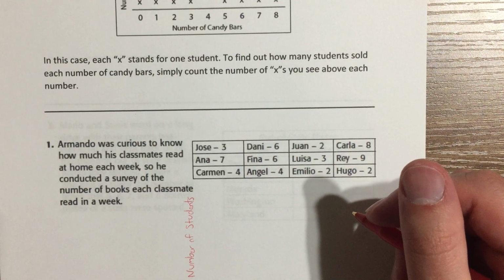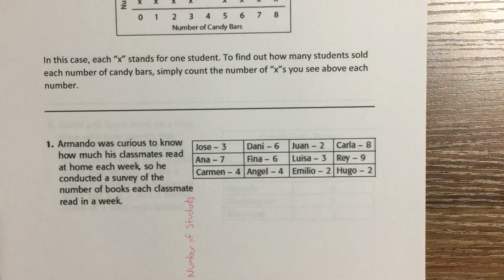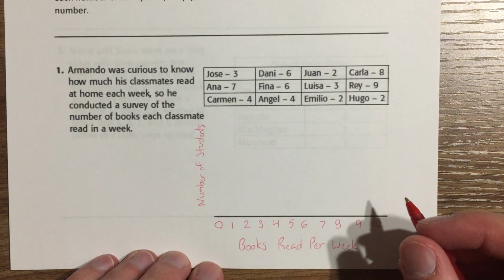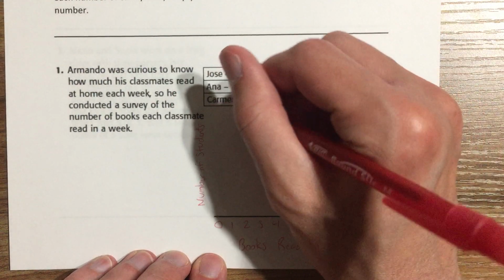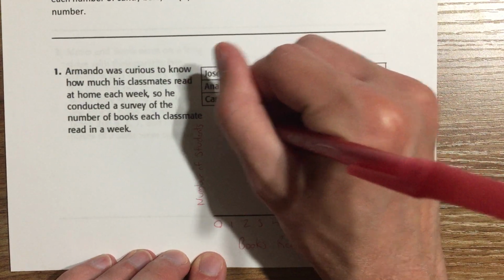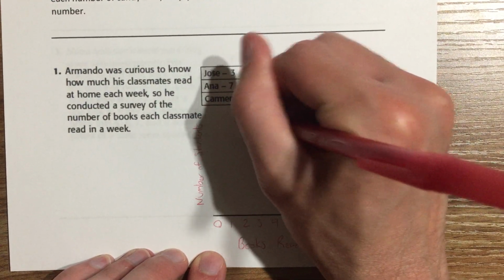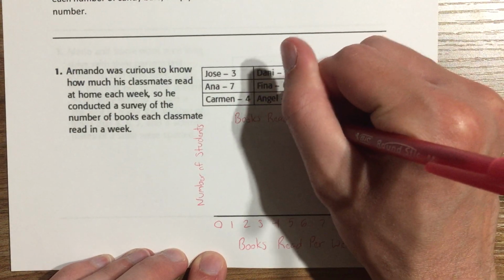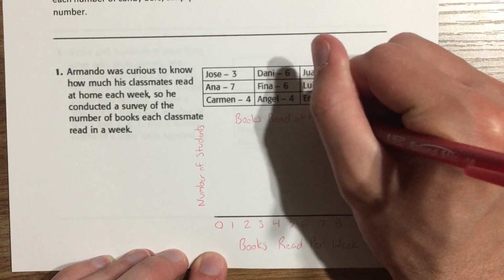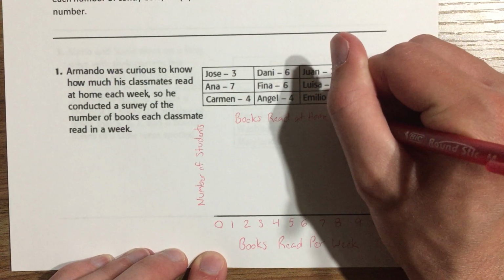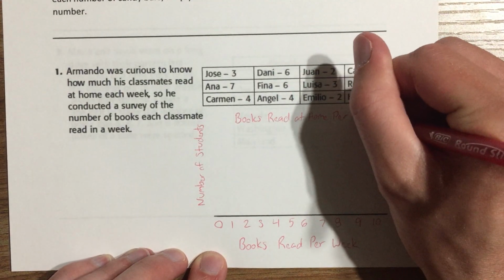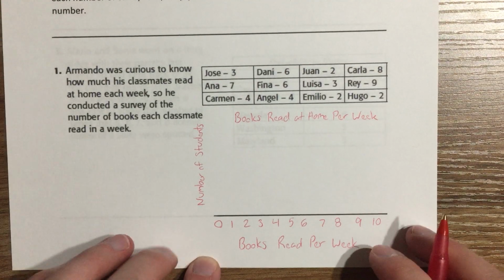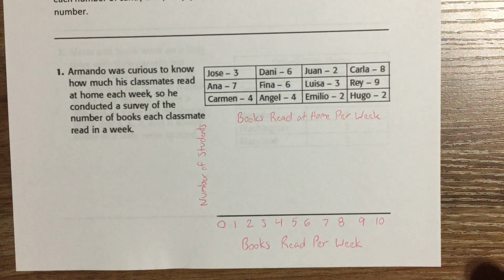This could also go down here as number of books read per week, but let's call it books read at home per week. Kind of a big title, but we need that. It gives us the information that we need.